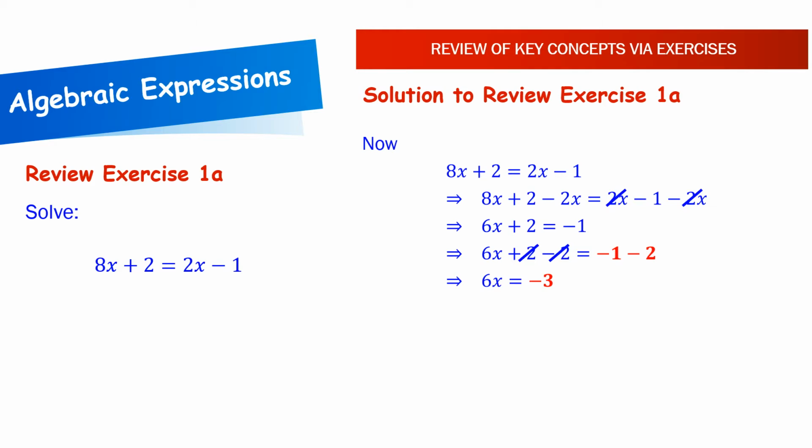Minus 1 minus 2 is minus 3. Now divide through by 6, giving us x equals minus a half.